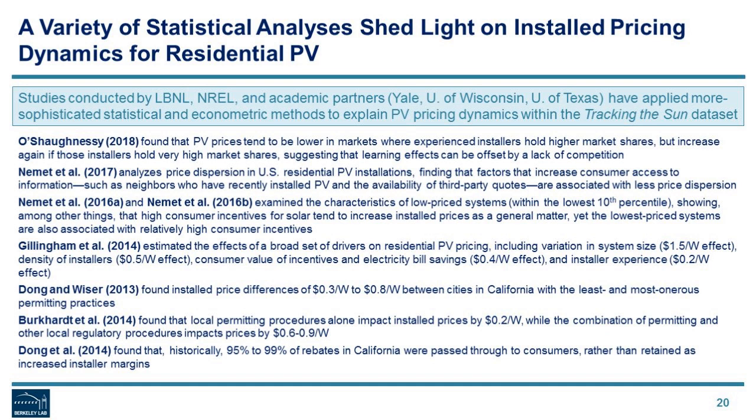So there definitely is some effect. I think where the subtlety comes in is whether this is value-based pricing, in other words, installers marking up their prices based on what they think consumers are willing to pay, versus something a bit more subtle and difficult to articulate: where you've got rich incentives, you're going to have higher demand for PV. And if you've got higher demand, think back to microeconomics 101 and imagine a generic upward sloping supply curve.